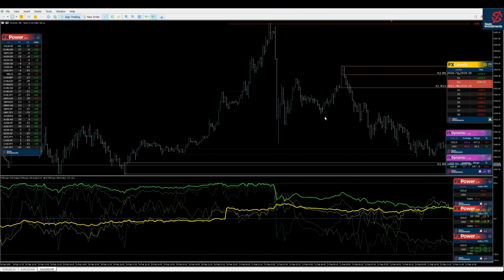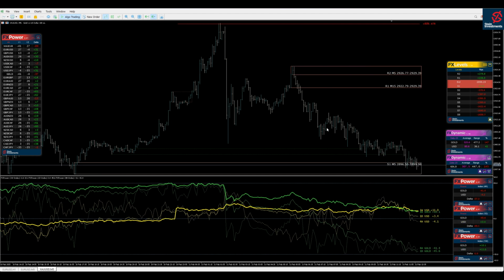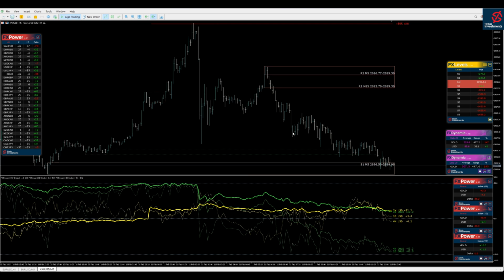So yeah, it is risky to trade, and it's interesting to watch, but I wouldn't trade it currently at all, because it doesn't provide any reasonable trading opportunities.